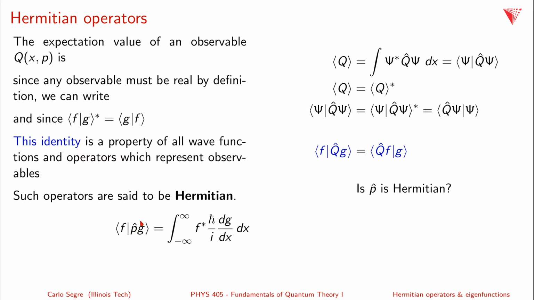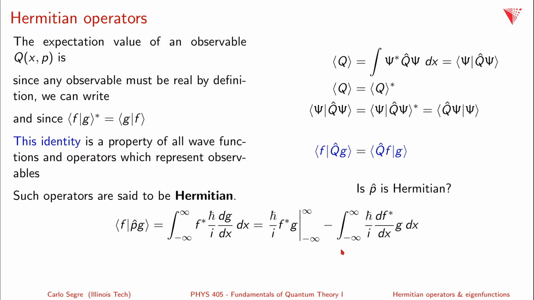Right? That's just this inner product. If we now take that inner product and apply an integration by parts, so that this is dv and this is u, we get h bar over i uv, which is f star g, evaluated from minus infinity to infinity.